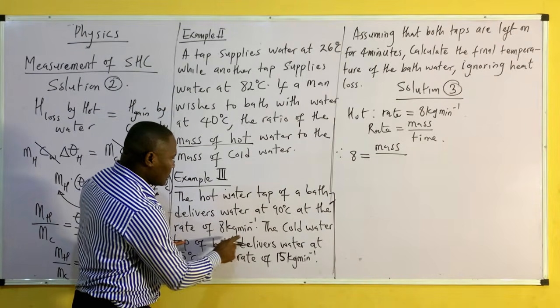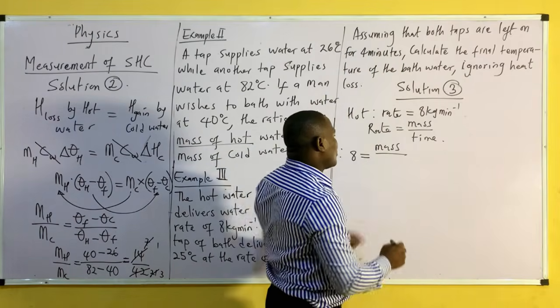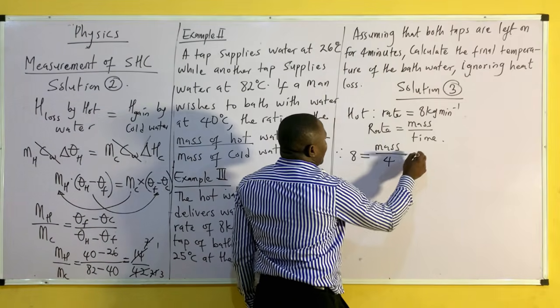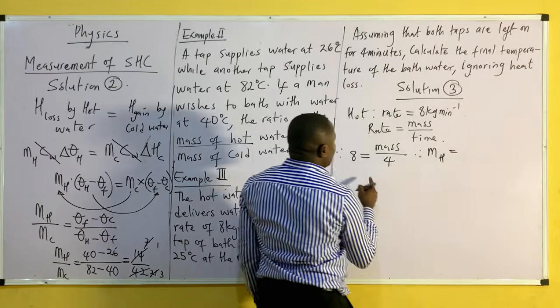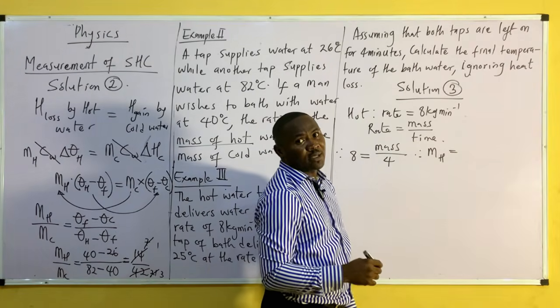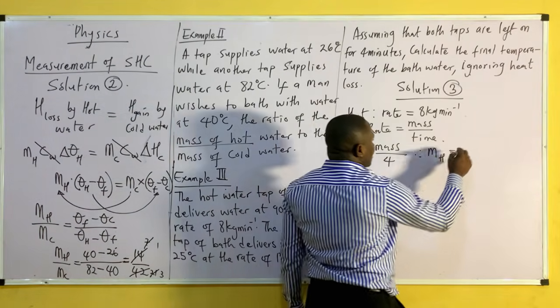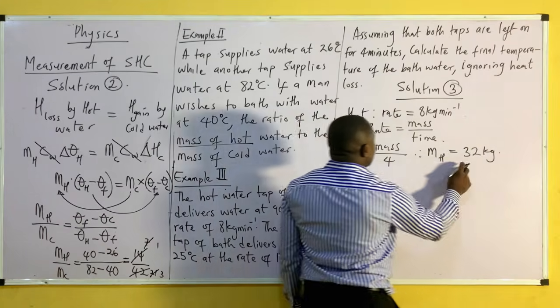The time that they left both of them on was 4 minutes, so it is over 4. Therefore, what is mass of hot? Mass of hot is 4 times 8, which equals 32 kilograms. So this is the mass of hot.